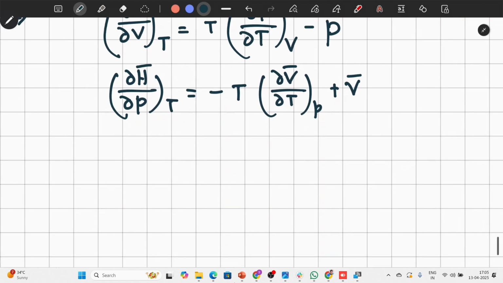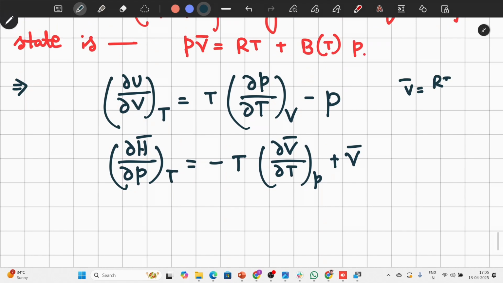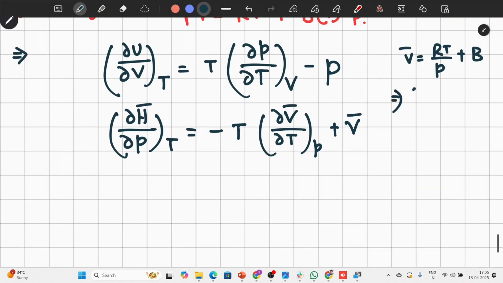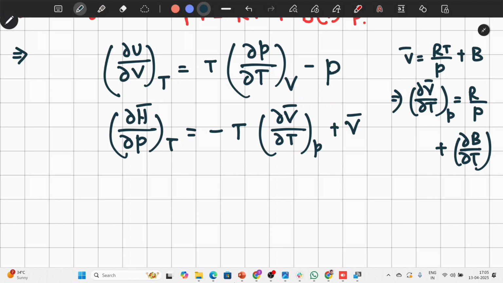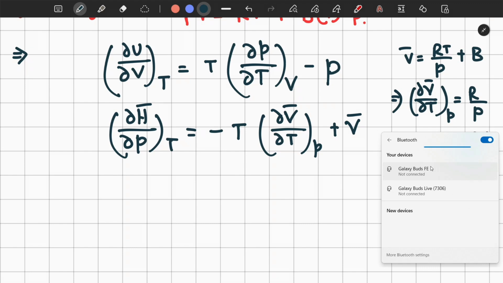Okay, so now we have V bar equals RT by P plus B. So del V bar by del T at constant P will be R by P plus dB by dT.